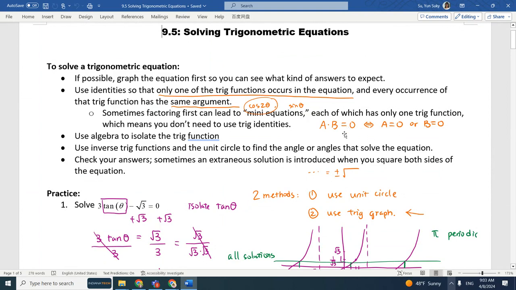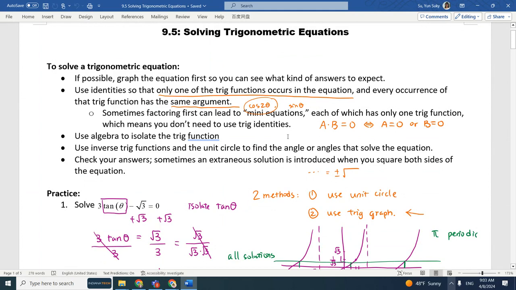If you're not able to do that, then it's better to use some trig identities to reduce the number of trig expressions, and also the angles. If the angles are not the same, you can use the double angle formula to change the argument, so all the angles are the same.